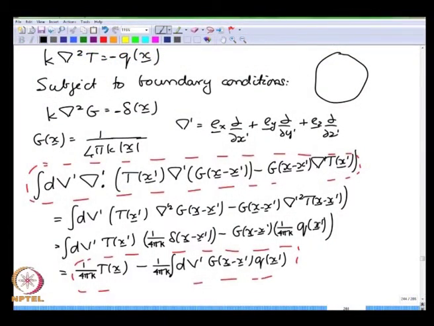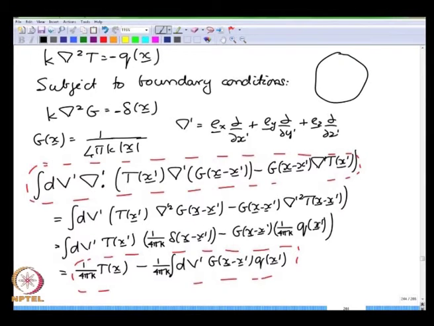So, this is equal to integral dV prime of T of x prime into 1 over k delta of x minus x prime minus G of x minus x prime into 1 over k del square T, and del square T is equal to the source, minus q. Del square G is equal to minus delta and del square T is equal to minus q. So, this will just be equal to q of x prime.